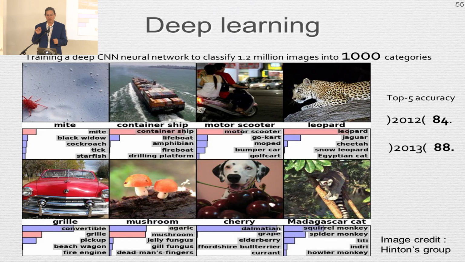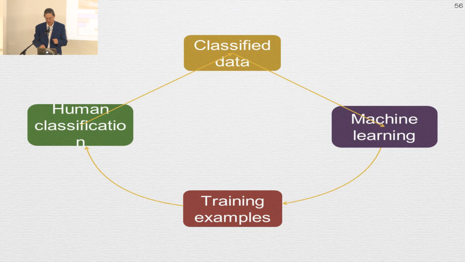So part of what made these deep learning systems work is the use of machine learning. And machine learning, I think, is interesting because it has this loop, where we have humans do the initial classification. So literally millions of images tagged with, that's a container ship, those are cherries, that's a convertible, which are then fed into the machine learning algorithms to develop a program that can identify images.